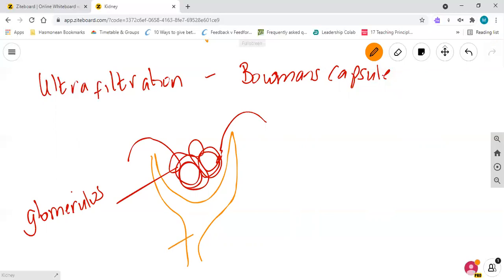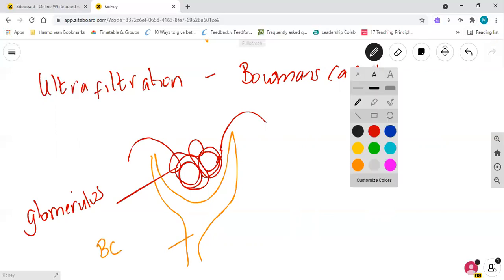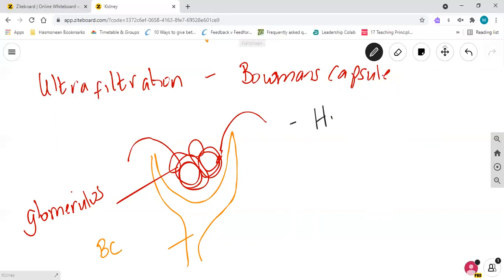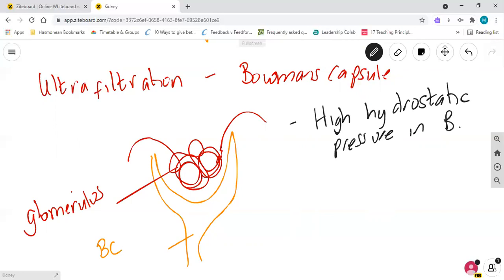And that's where the process is going to take place. So the important thing to note is that there is a high hydrostatic pressure. Hydrostatic refers to water. So there's a high hydrostatic pressure in the Bowman's capsule, I'm just going to call it the BC for short.